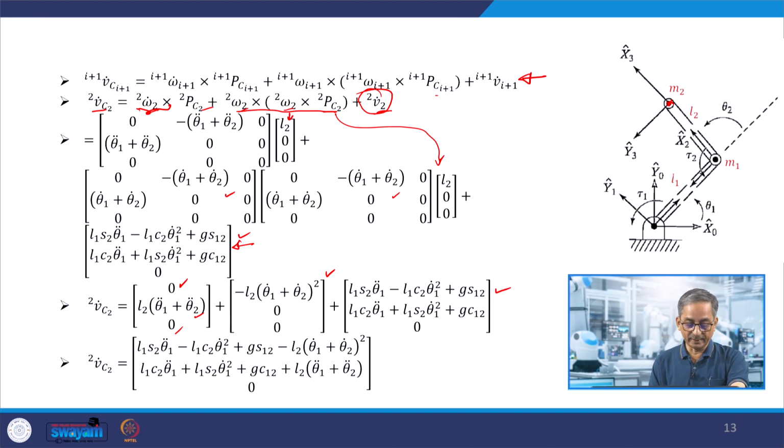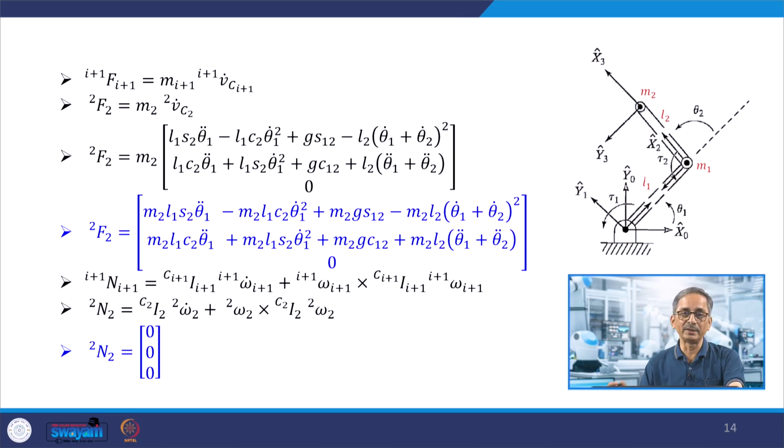Then I can write it in this form, the double derivative terms first: L1 S2 theta 1 double dot minus this term L1 C2 theta 1 dot square plus my G term. So, this is G S1 2, and then this one term minus L2 theta 1 dot plus theta 2 dot whole square. Likewise I can rewrite that second term. So, this way I got the CG acceleration of the second link, which is over here.